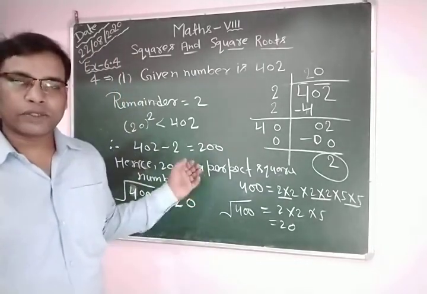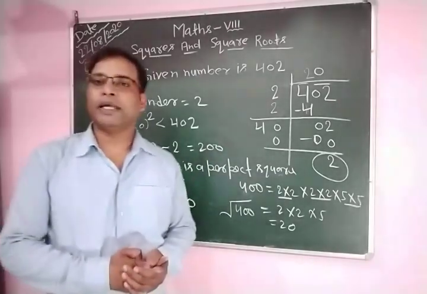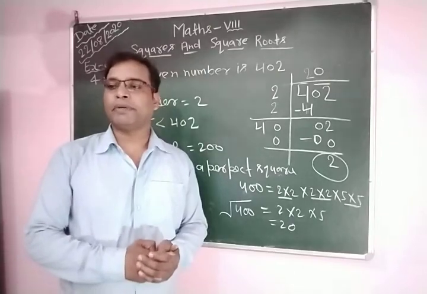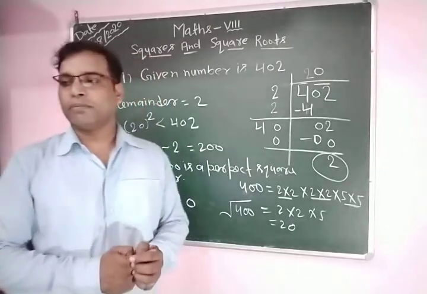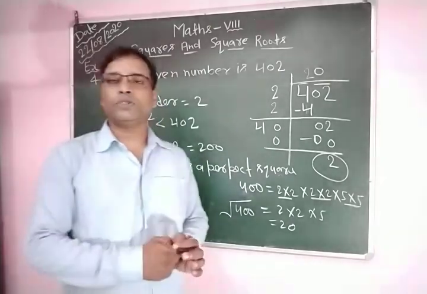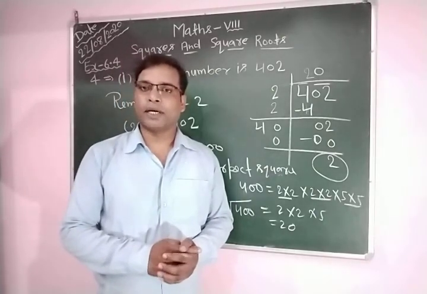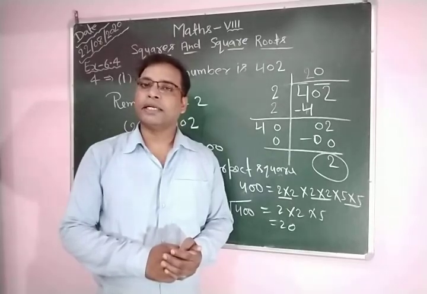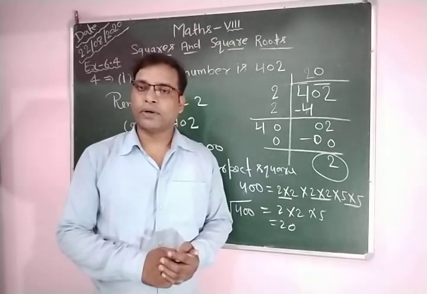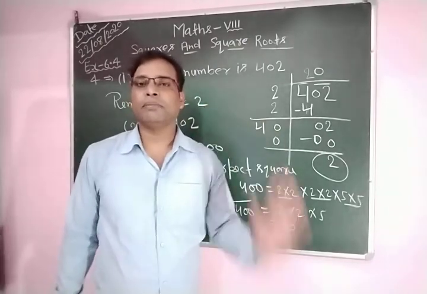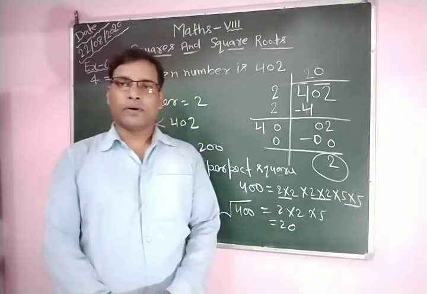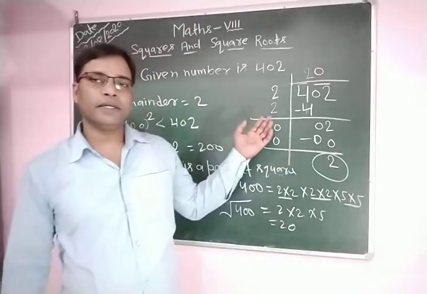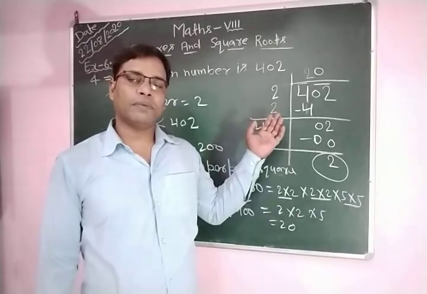And the question asks: find the smallest number which must be subtracted from each of the following numbers so as to get a perfect square. Also find the square root of the perfect square so obtained. Here the given number is 402, and we try to find the square root of 402.